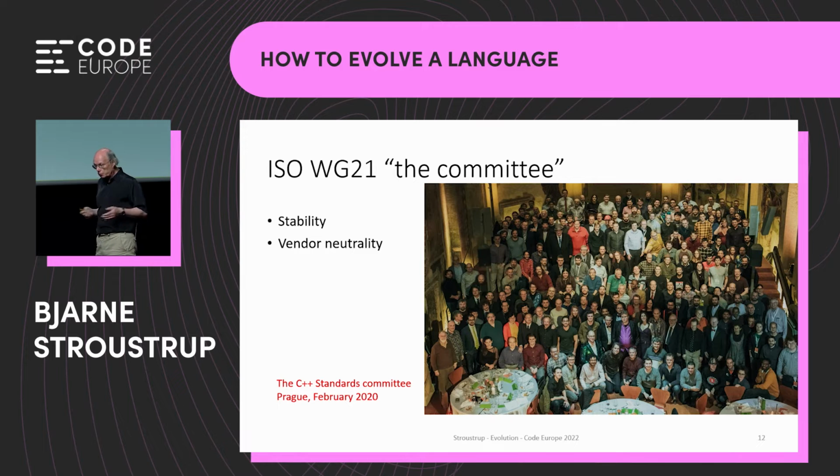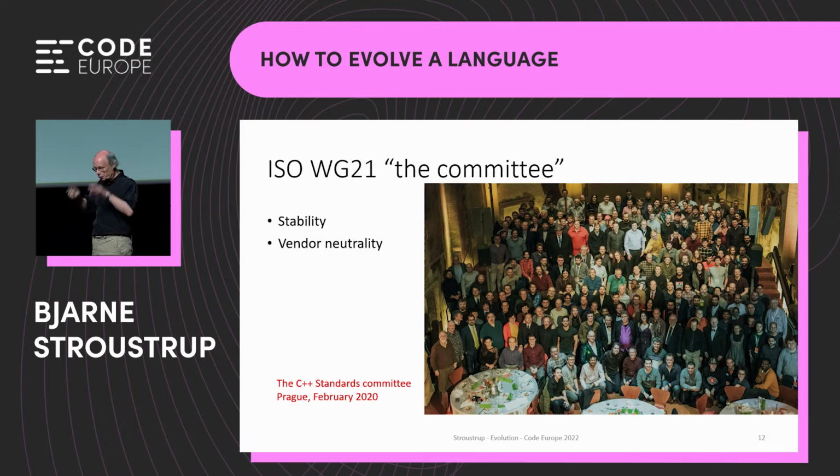This is a picture from Prague from 2 years ago, when we managed to get the standard C++20 out just before COVID hit. So when we talk about features of C++, remember, you have to get all of these people to vote strongly in favor. We don't go for 52 versus 48 kind of democracy.